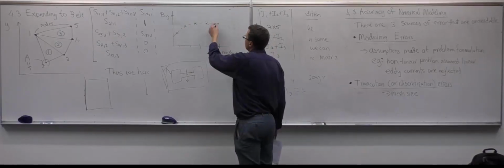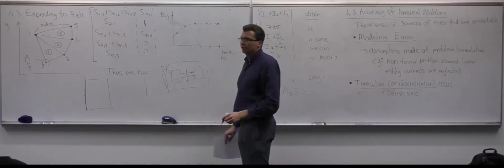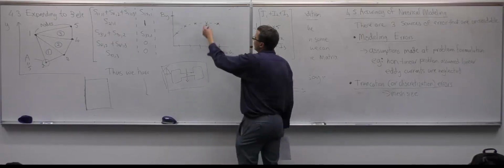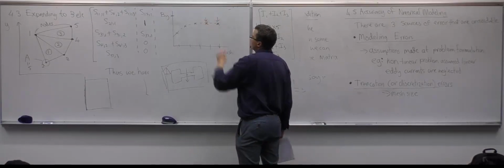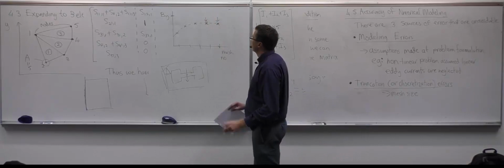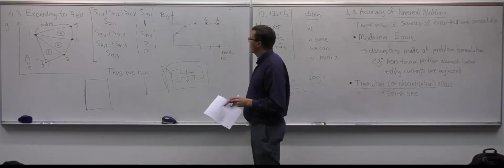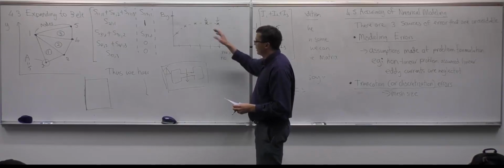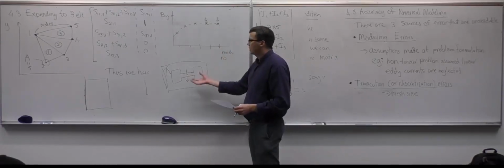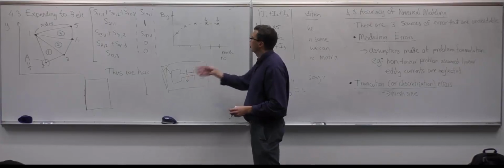And so then you can be relatively sure that the answer is right. If you don't get much change in the results for two different numbers of elements, then you can be relatively sure that at least your meshing is not causing a problem with the model.